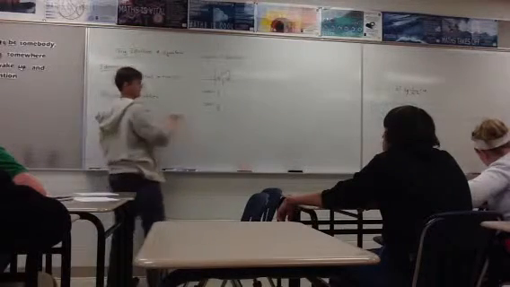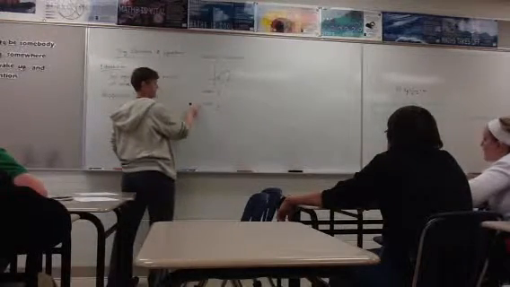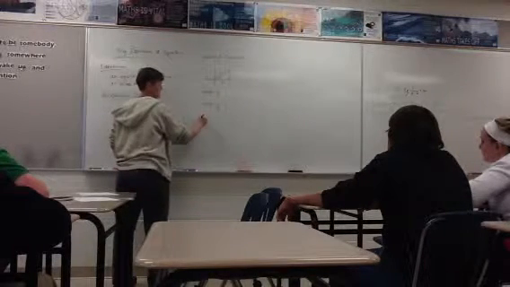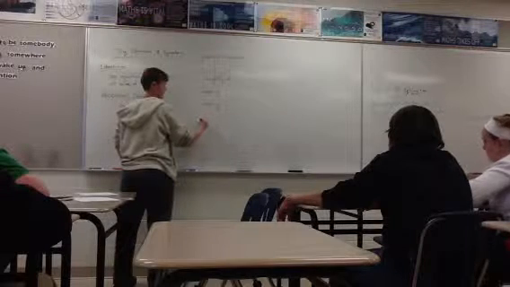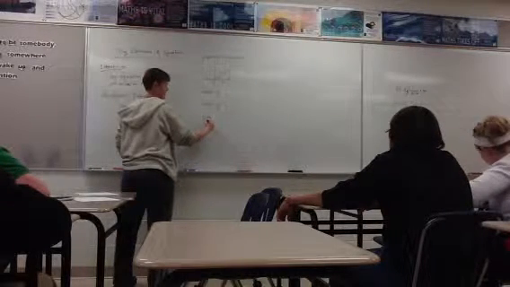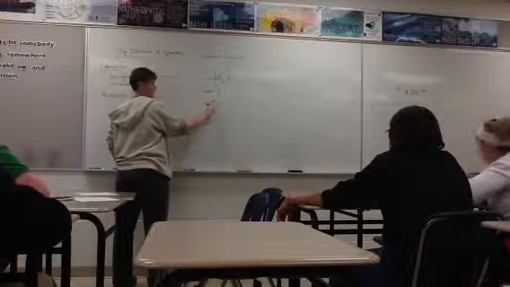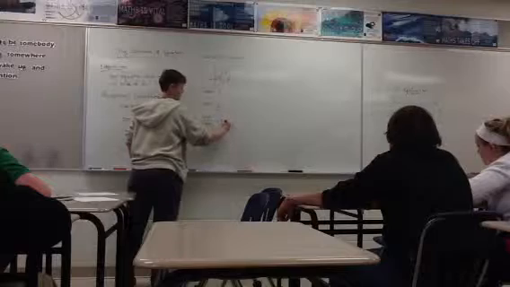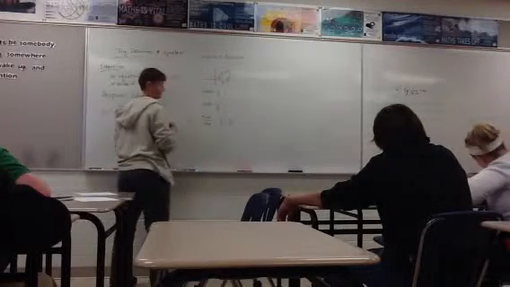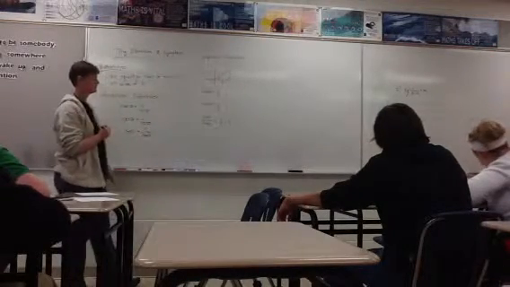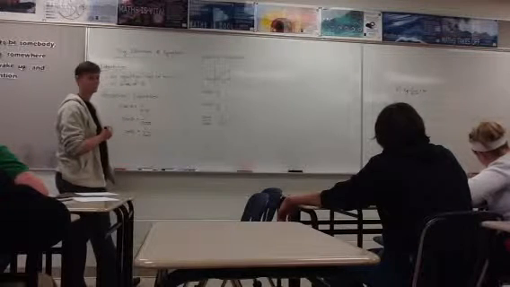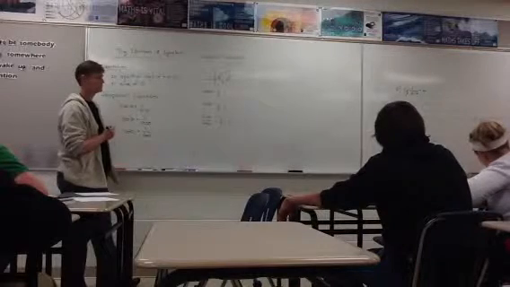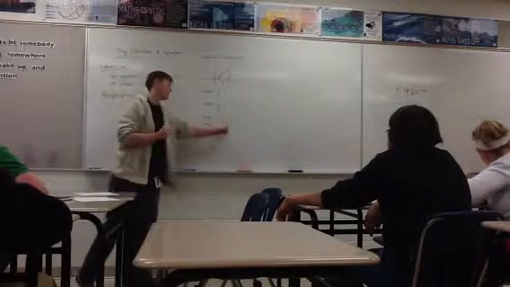Now I'm going to divide sine by cos, and I'll be able to manipulate these and see what happens. So sine divided by cos is y over r divided by x over r. What do you do when you're dividing fractions?